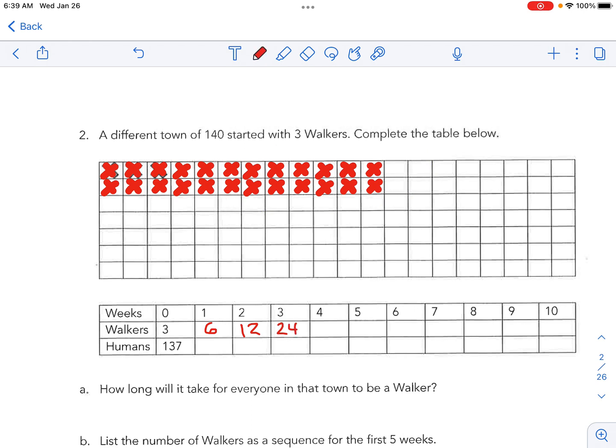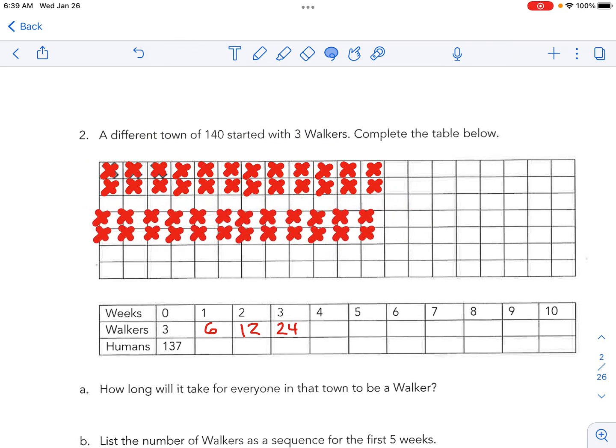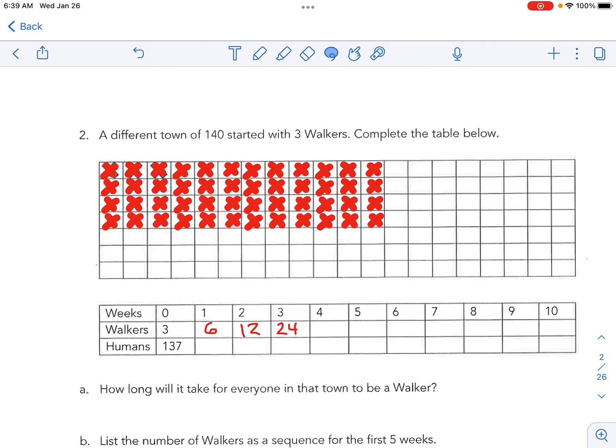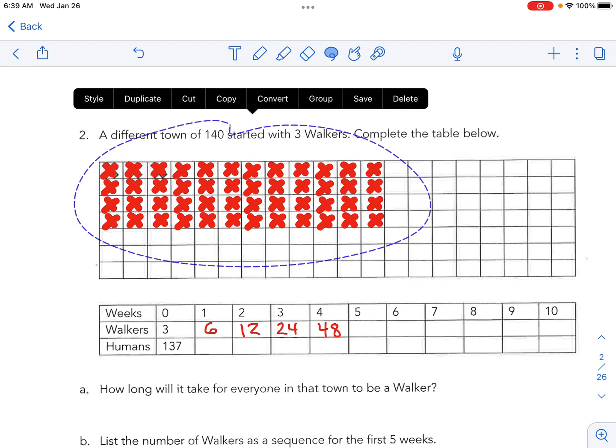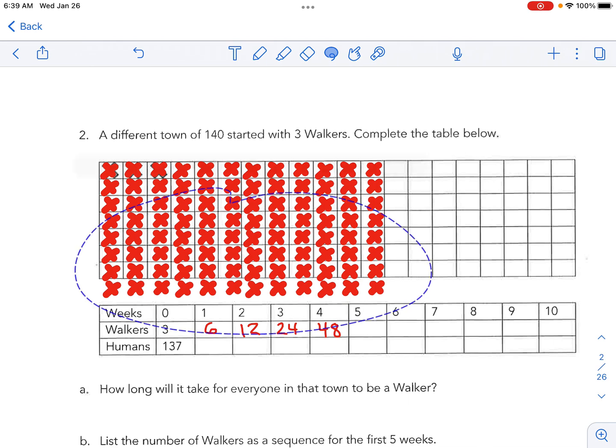And the 24 zombies all bite a person, and we now have 48 zombies. And then the 48 zombies all bite somebody, and we now have 96 zombies.